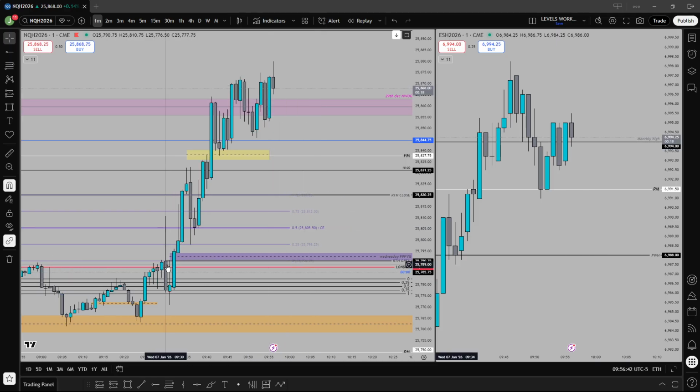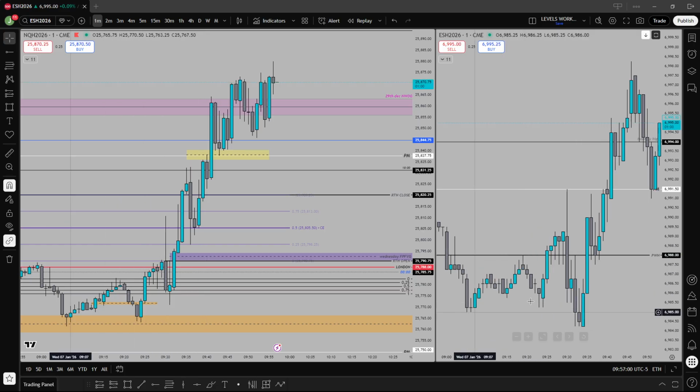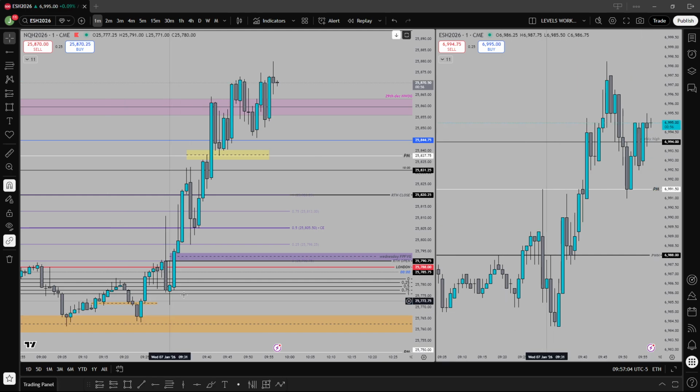So at 9:30 we opened up. We rejected from consequent encroachment here. We came down. We tapped this fair value gap, and on ES these lows. This was a failure swing for NQ, and then we get this reaction.